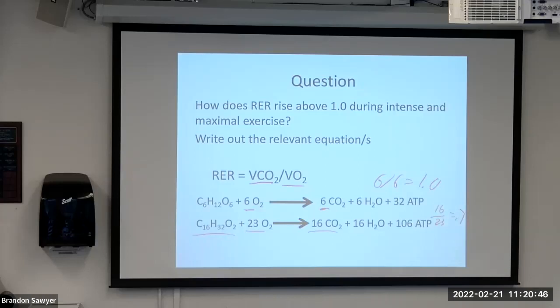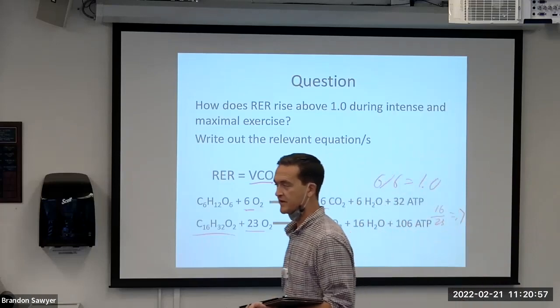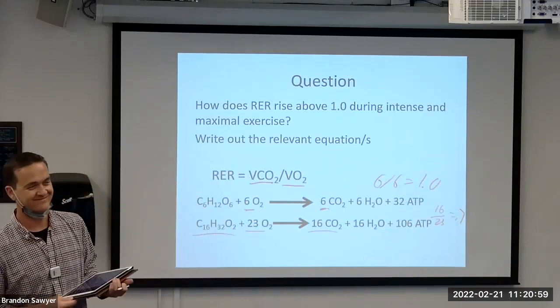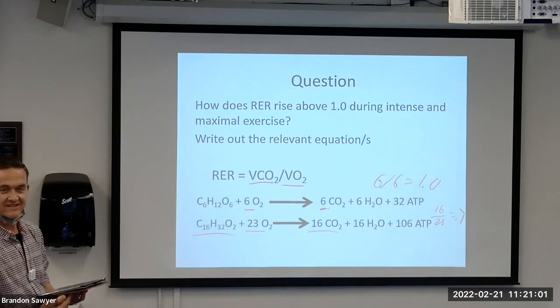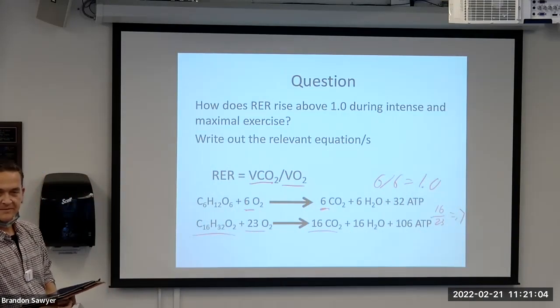And so then the question is why? Why do we have to shift over to carb usage when we exercise more intensely? What did you guys write in the lab? I know quite a few of you had an answer for that. Emmeline, what'd you say in the lab? I don't remember.